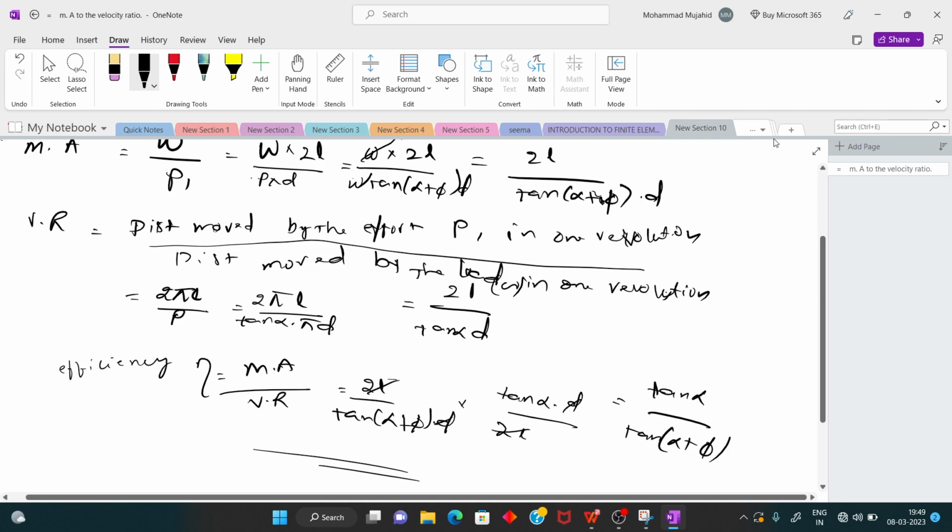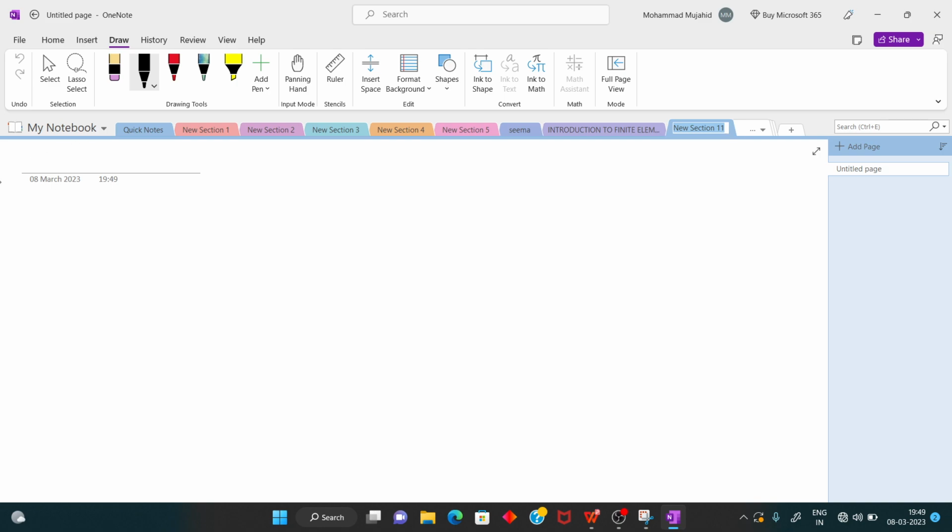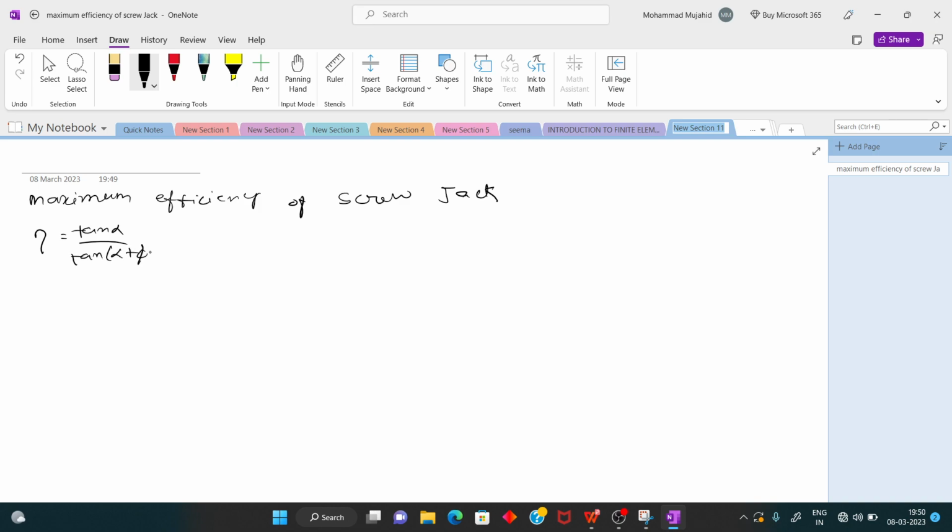Now the maximum efficiency of the screw jack. As we had solved, efficiency is equal to tan alpha by tan of alpha plus phi.